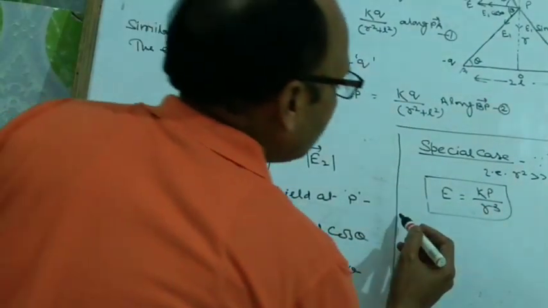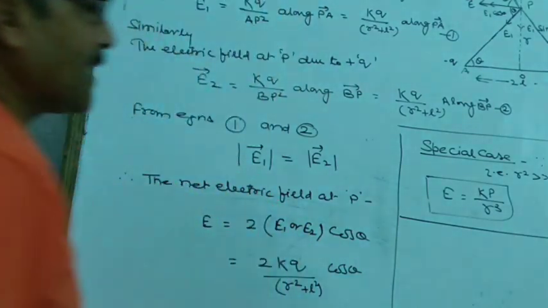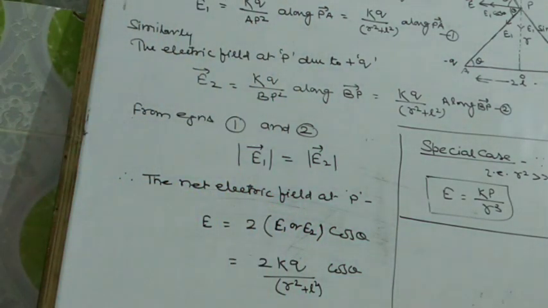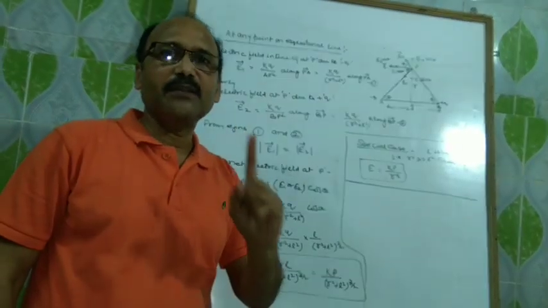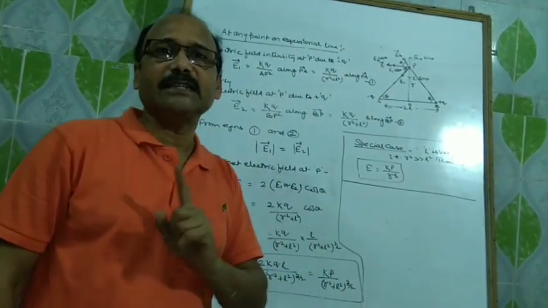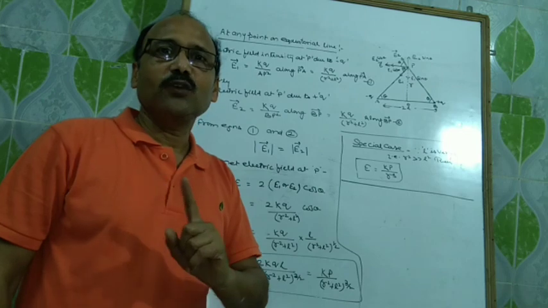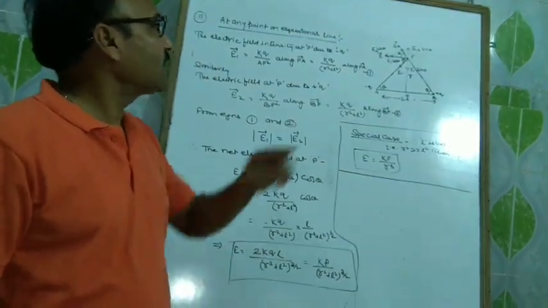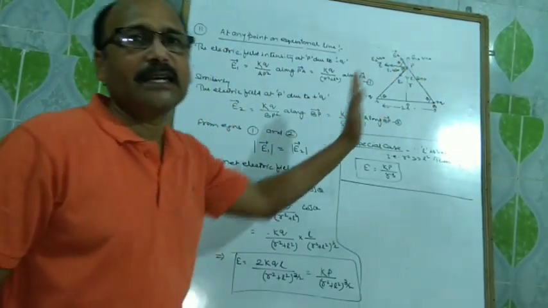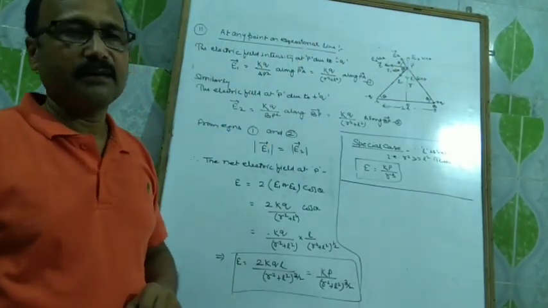Here two questions of one mark arise. First question, what is the angle between the electric field intensities due to an electric dipole? So there are two electric field intensities here, one on the axial line, the other on the equatorial line.